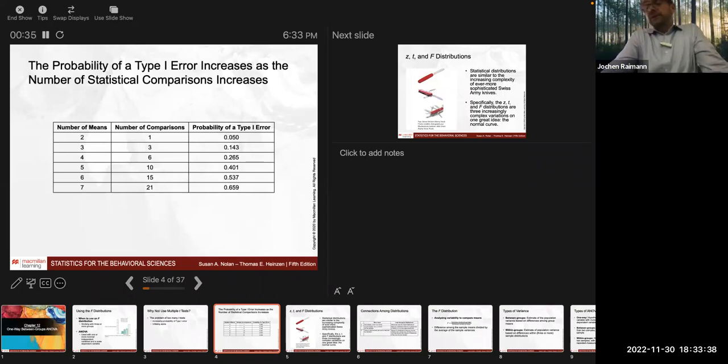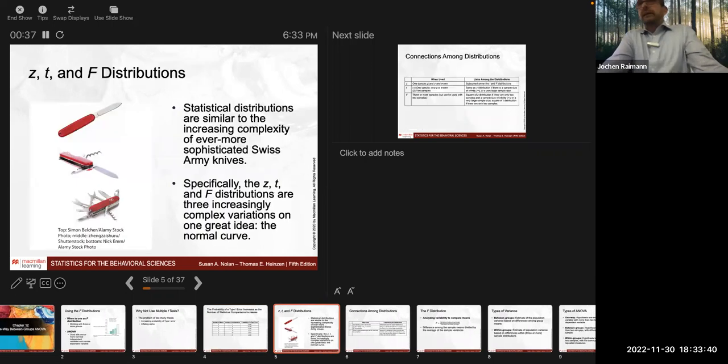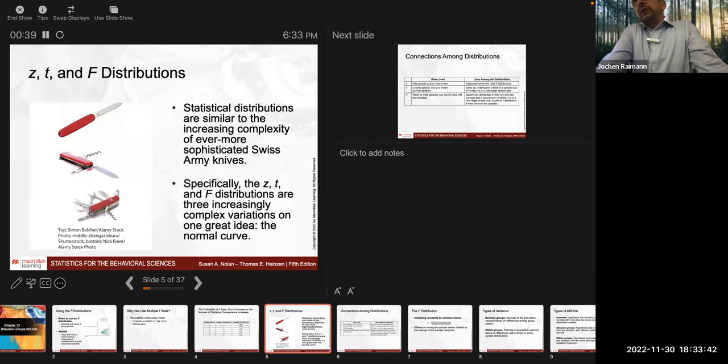So that's why the ANOVA is just a wonderful way to analyze data, to allow you to test against the null hypothesis that at least one of these groups is different from another group. So now it's essentially just getting more complicated.